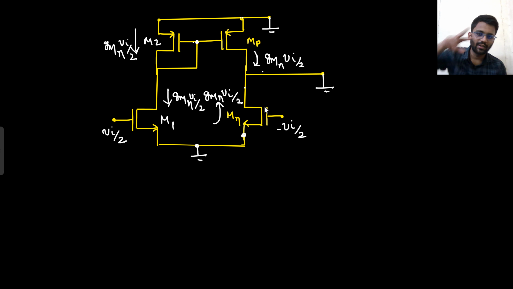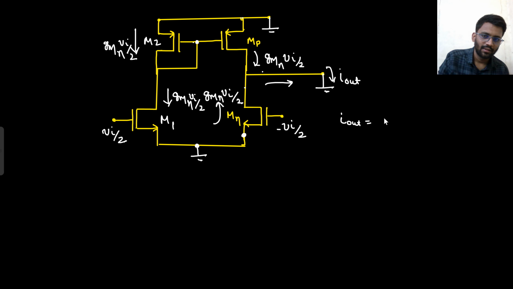So what is the output current? One gmn Vin by 2 current coming downward, and one gmn Vin by 2 current coming from upward. So what is the total current here? The target was to calculate this Iout, or Isc you can say. So your Iout was gmn Vin by 2 plus gmn Vin by 2.